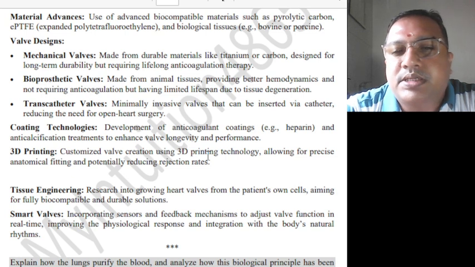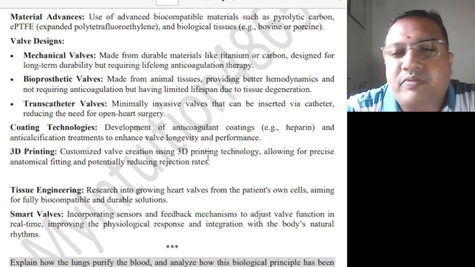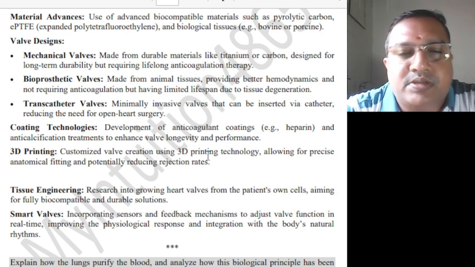Tissue engineering: research into growing heart valves from the patient's own cells, aiming for fully biocompatible and durable solutions. Incorporating sensors and feedback mechanisms to adjust valve function in real time, improving the physiological response and integration with the body's natural rhythms.